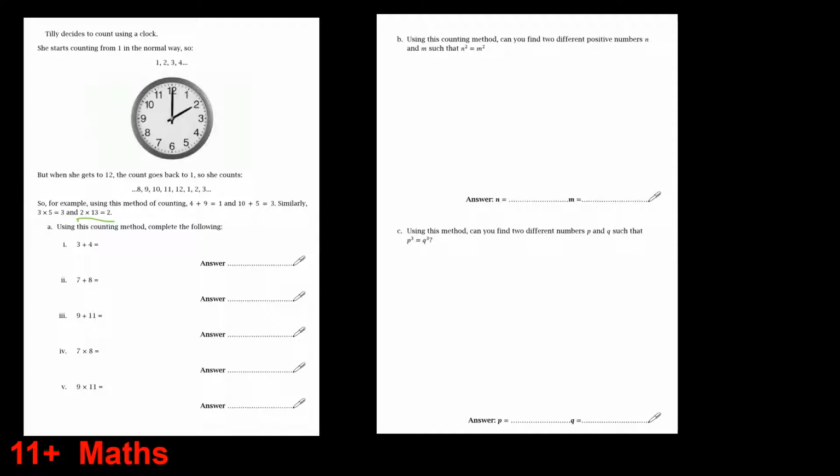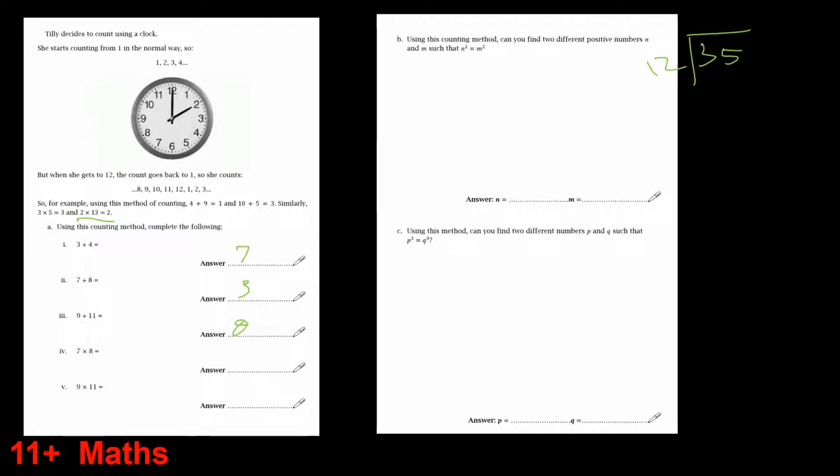Here they have 3 plus 4 is 7, straightforward. 7 plus 8 is 15, that's 3. 9 plus 11 is 20, that is 8. 7 times 8 is 35.